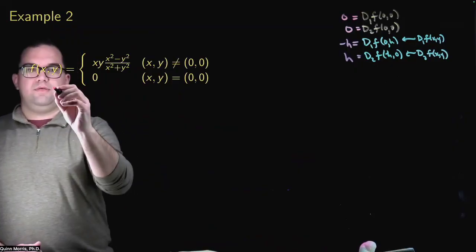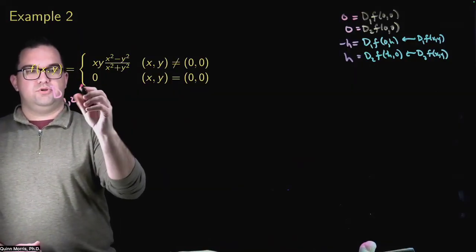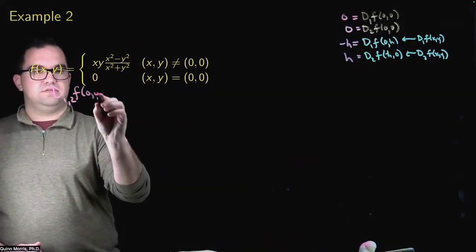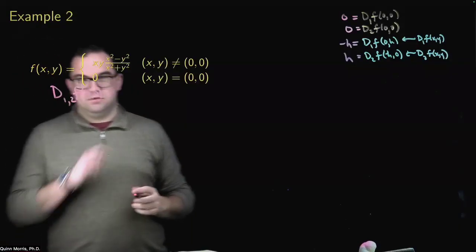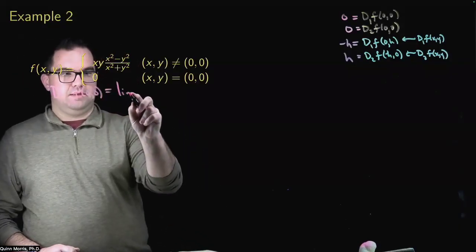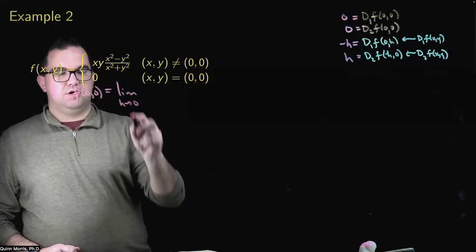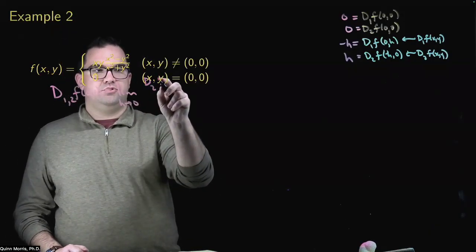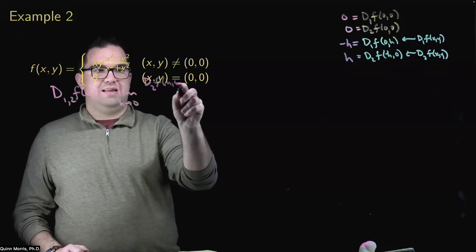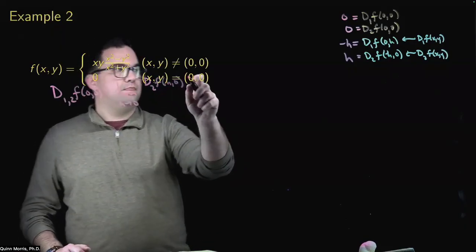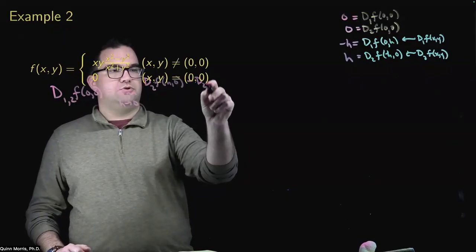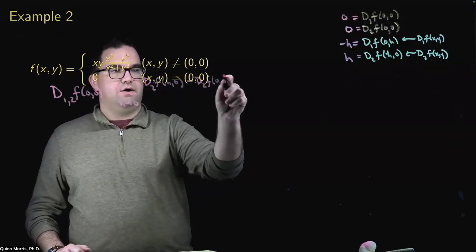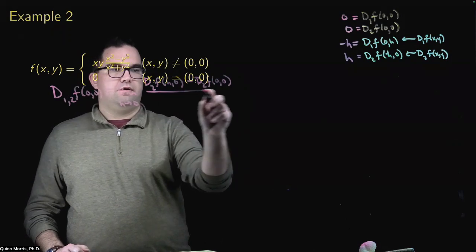So let's start with d1,2 f of 0, 0. Okay. So we have expressed that as a limit as h goes to 0 of d2 f of h, 0 minus d2 f of 0, 0 all over h.